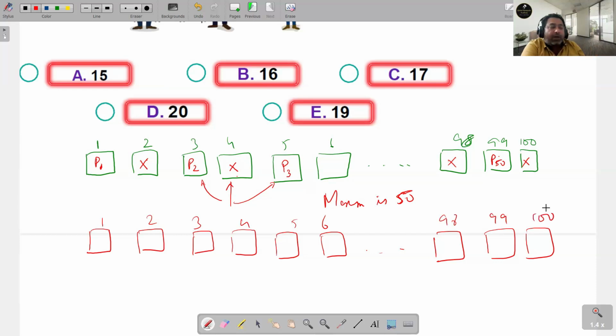Now let's understand what happens if there is a gap of more than one seat. Let's say the first person sits here, and then the second person comes and sits here. Then again after two seats, on seat 7, another person sits here, P3, and so on and so forth. So 1, 4, 7 like that.